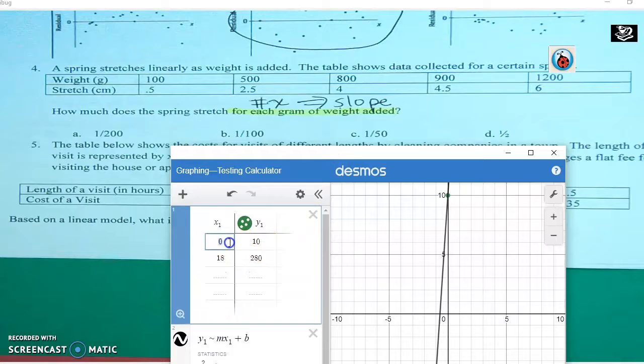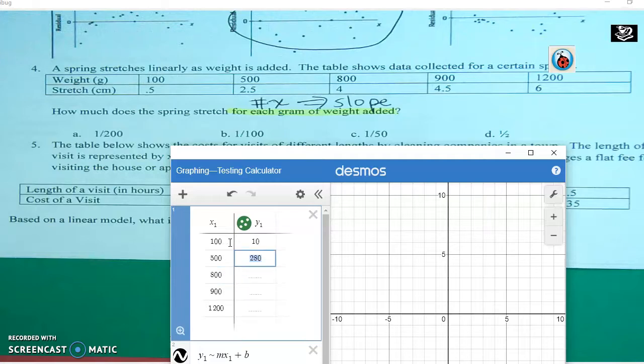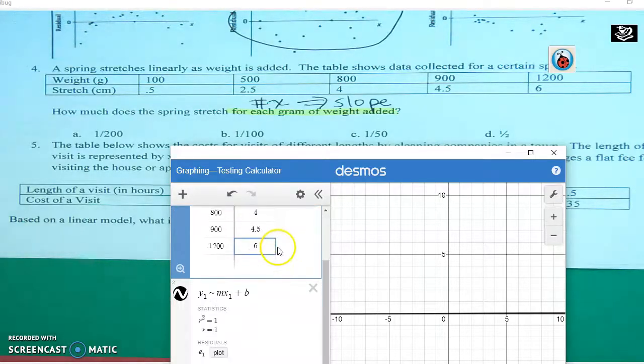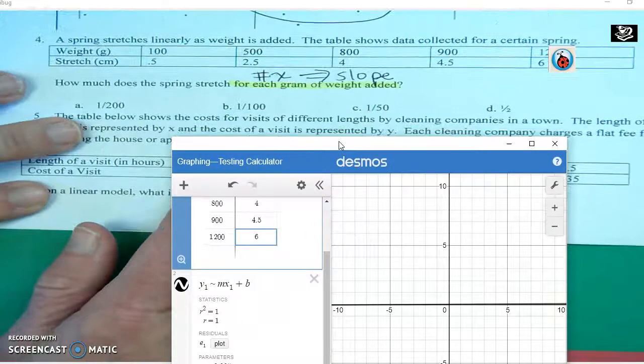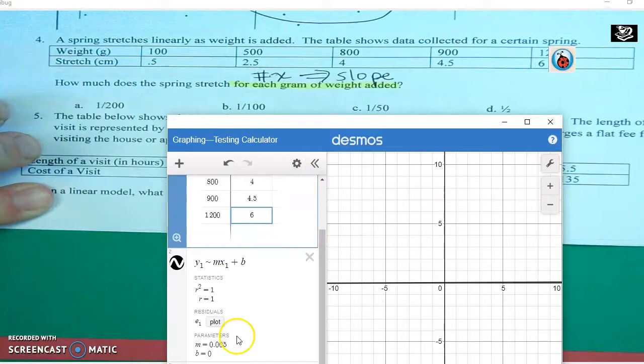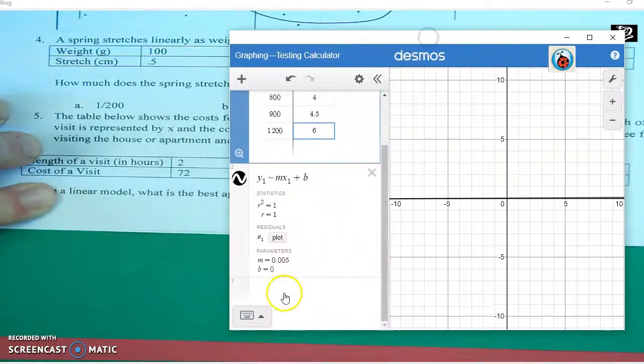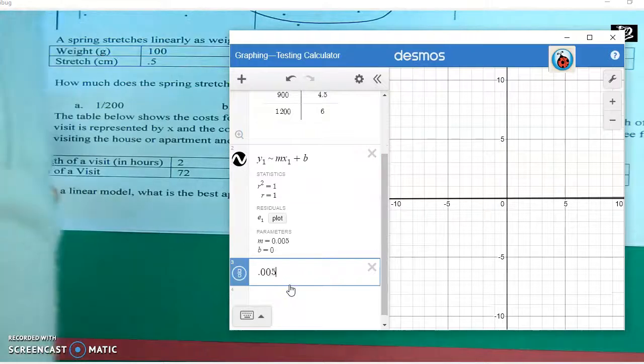So I am putting in 100, 500, 800, 900, 1200. Then I'm putting in 0.5, 2.5, 4, 4.5, and 6. And I'm looking for the slope, which is letter M. So let's see what we get for M. We get 0.005.